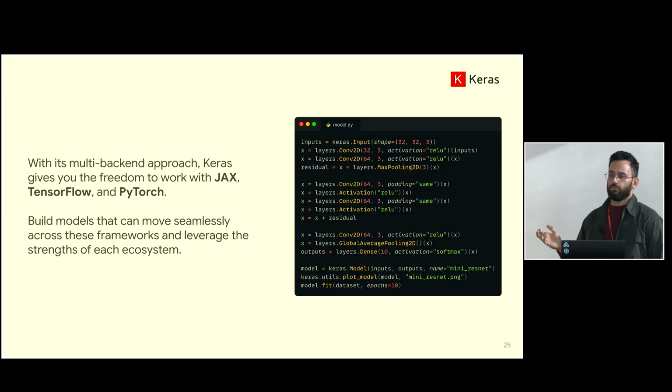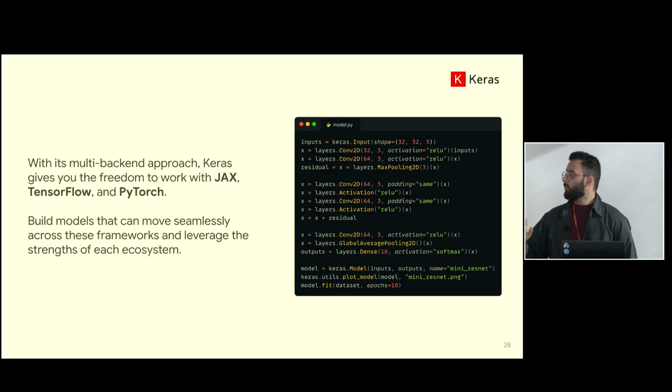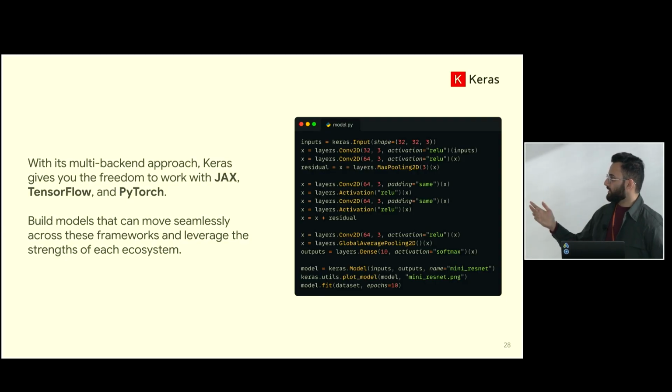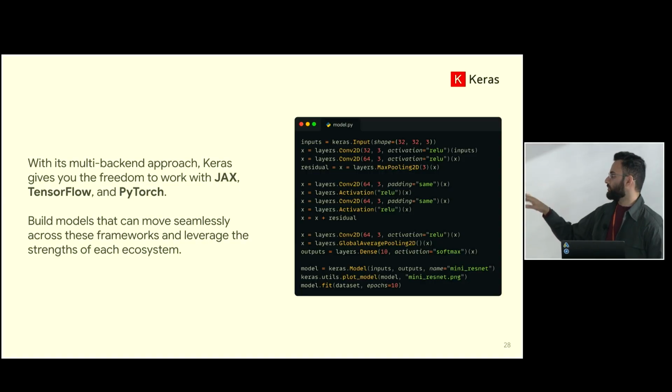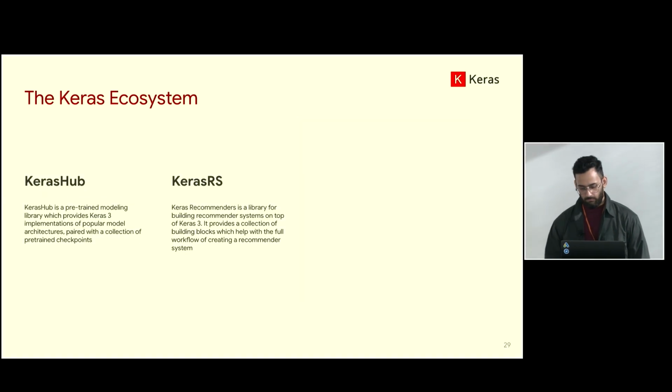So there are a lot of deployment options and deployment frameworks out there which work super well with TensorFlow. And if you're moving to a more modern library like JAX, it's pretty easy to actually use the existing deployment infrastructure, because you can simply move across these frameworks without having to change anything else about the model.